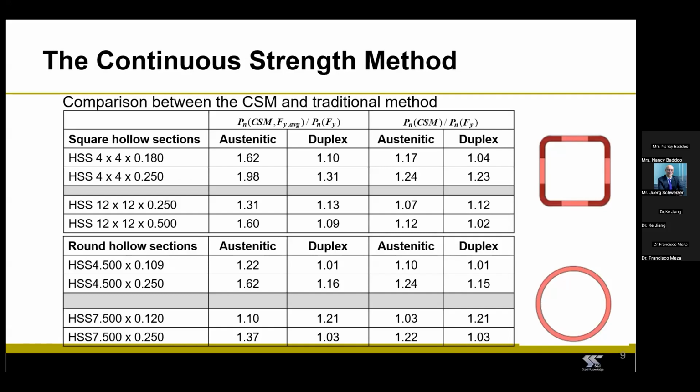And as you combine the CSM with the increased yield strength, so in this case, you will be looking at the second and third column, you might achieve an increase in strength of around 50%, and in some cases, even higher. So one thing you might have noticed as well is that the largest increase in resistance is for austenitic stainless steel, which is the stainless steel alloy that benefits the most from the continuous strength method.